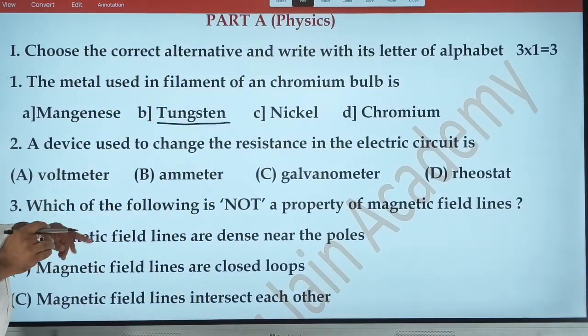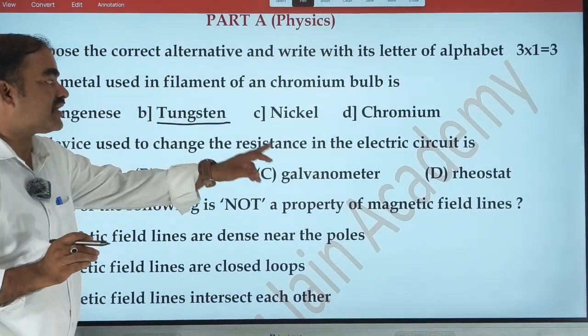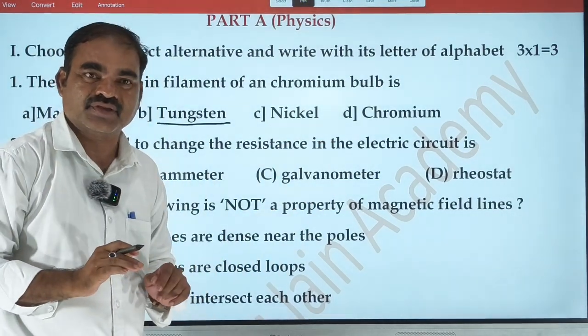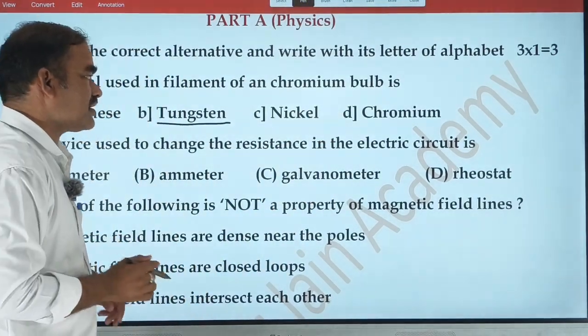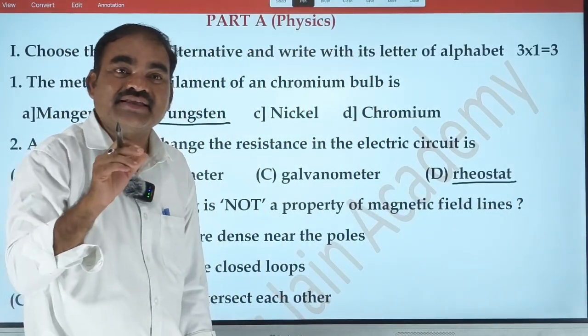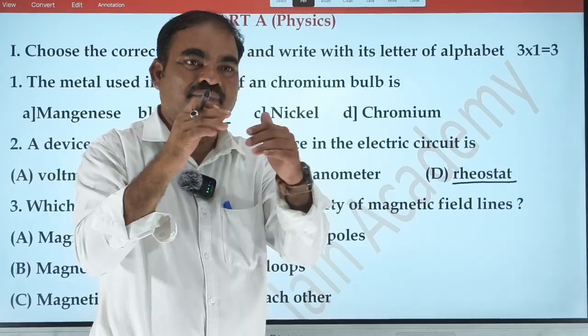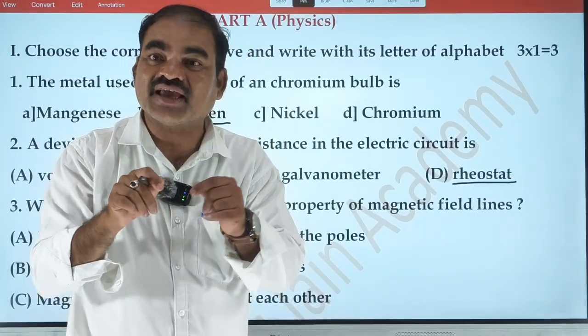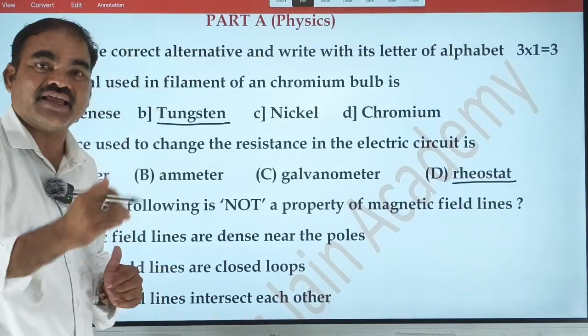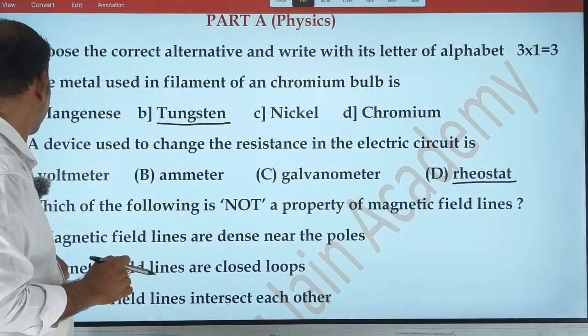Coming to the next one, a device used to change the resistance in an electric circuit. The device is a rheostat. A rheostat is a device with which we can vary the current. We can increase the current, we can decrease the current there.